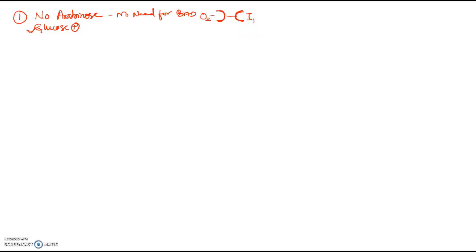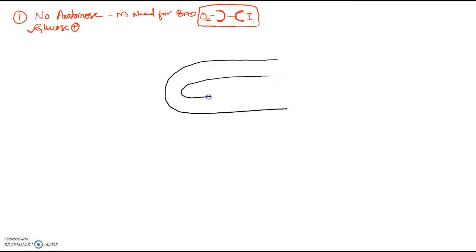Operator region 2 and inducer region 1. So what will happen because of this binding? The DNA will curve on itself.